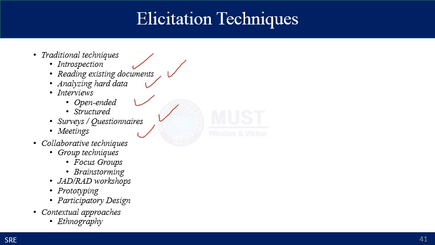You can also use collaborative techniques such as focus groups and brainstorming to identify new requirements, or requirements that cannot be elicited by the traditional techniques. You can also use rapid application development workshops, prototypes, and participatory design to help identify the actual requirements.